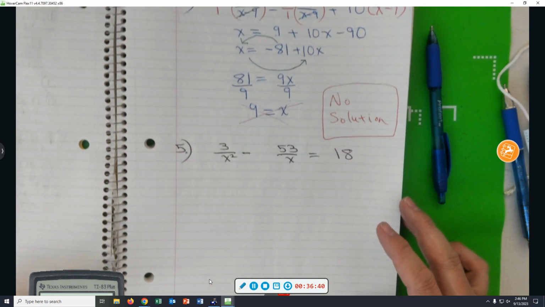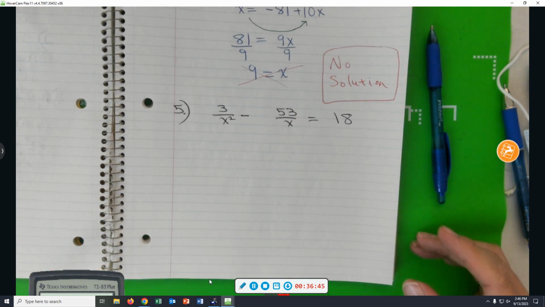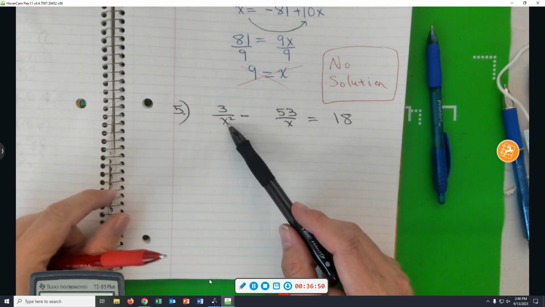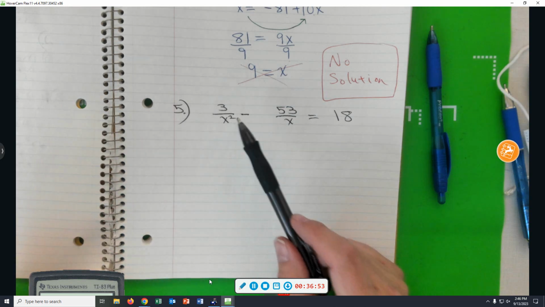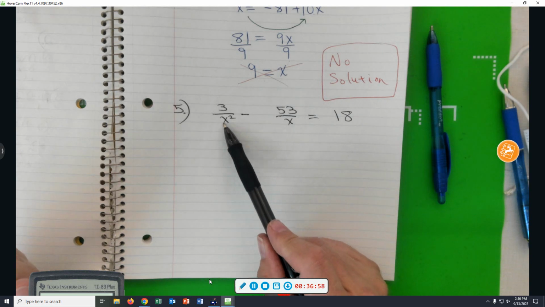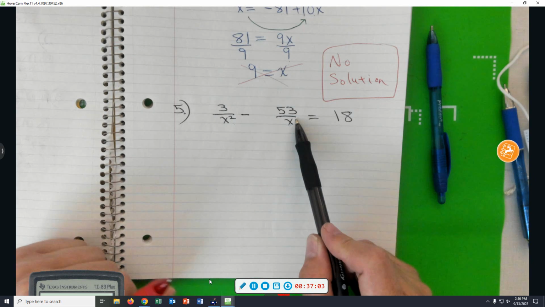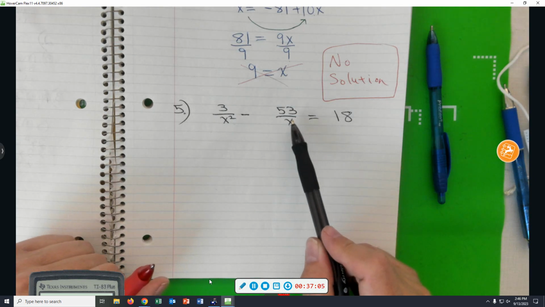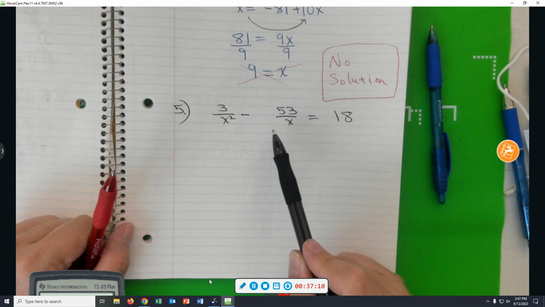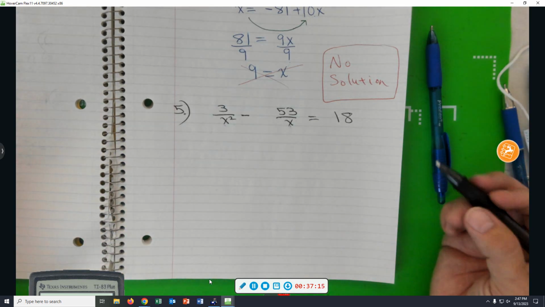Okay, so moving up. Notice we have a monomial, a single term. We don't have a plus or a minus in the denominator. That's actually nice. We have repeated factors, x and x, but this one has an x squared. This one is just x to the first power. If you have repeated factors in your denominator, the least common denominator is formed by using that factor. Well, you tell me.